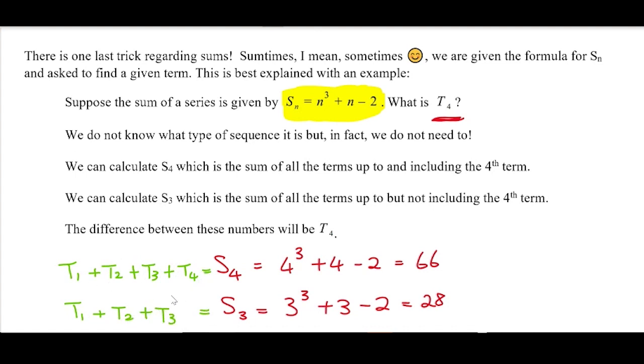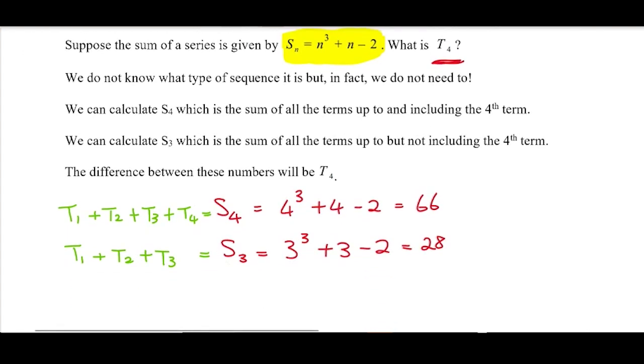Now, if we look at this, the only number that is in S4 that's not in S3 is T4. And so, in fact, T4, the term we've been asked for, is actually just going to be the sum of the first 4 terms minus the sum of the first 3 terms. All right. And we get 66 minus 28, and we get 38.